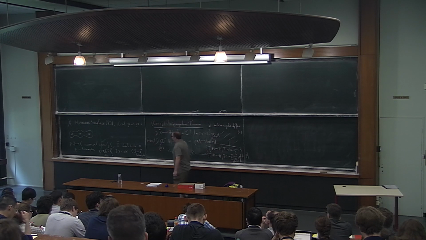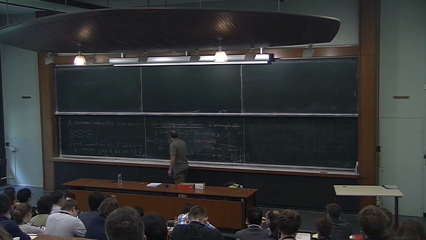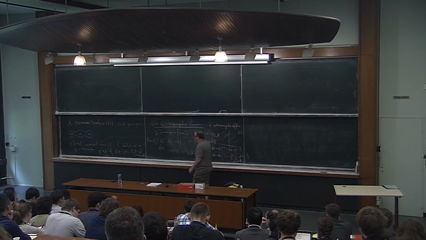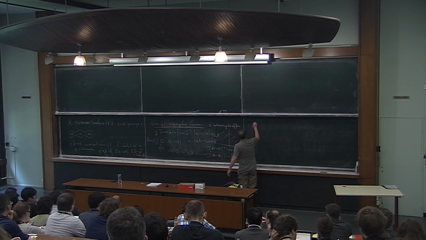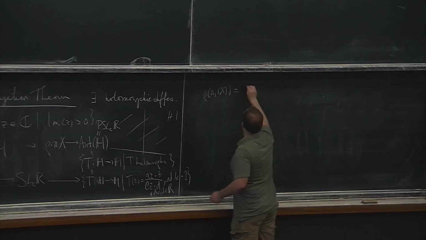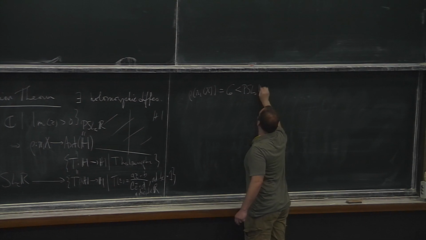Well, if I take the quotient of X tilde by the action of pi1 of X, I get X. If I take the quotient of H by this other action of pi1 of X, namely rho of pi1 of X, let's call that G. This is now a subgroup of this automorphism group, PSL2R.